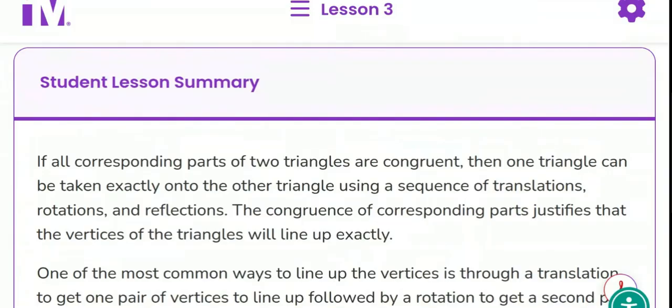So when I'm looking at one shape that is congruent to another shape, what I can think or imagine is that the second shape is just a transformation of the first one. It's been turned, flipped, or slid to another position to be exactly the same shape, just in another location on your screen, on your paper, on your coordinate plane. And if I were to map the shapes together or put all of the corresponding parts on top of each other, it would look like one figure, showing that they are congruent to each other.